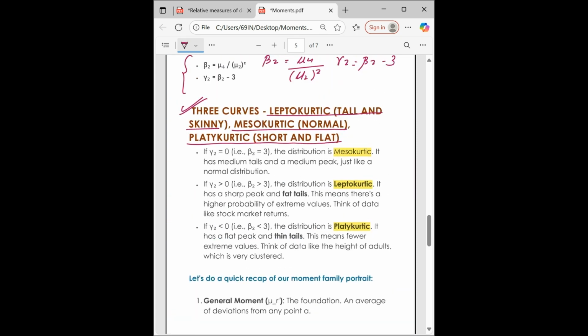Now, coming to the first point: if gamma 2 is equal to 0, that is beta 2 is equal to 3, the distribution is mesokurtic. It has medium tails and a medium peak, just like a normal distribution.